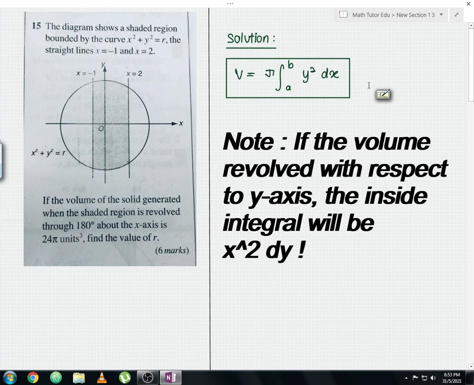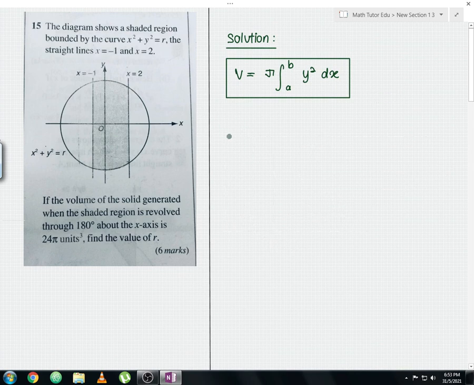Okay, from here let us calculate the volume. So from here, pi, you cannot just leave it as pi guys, since it is involving 180 degree, you need to divide with 2. So from here, pi over 2, and then you have an integral over here. So from here, your upper limit is 2 and your lower limit is -1. And then you need to include the expression of y square.